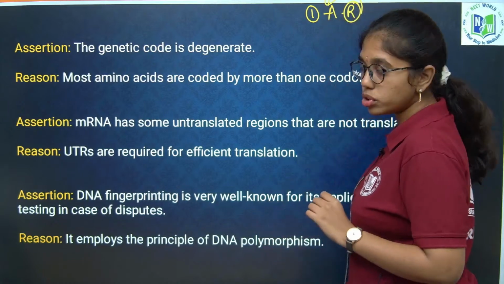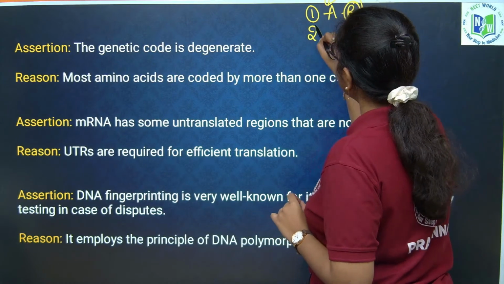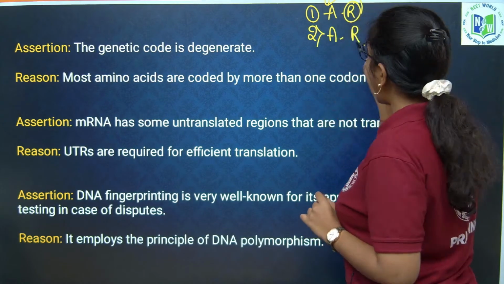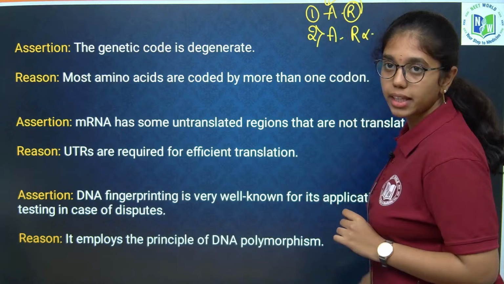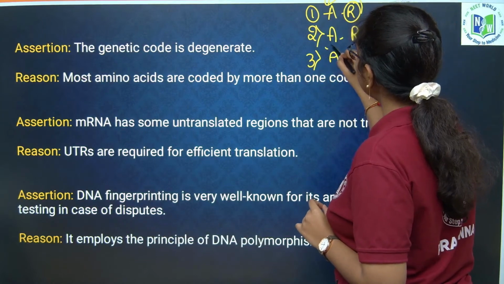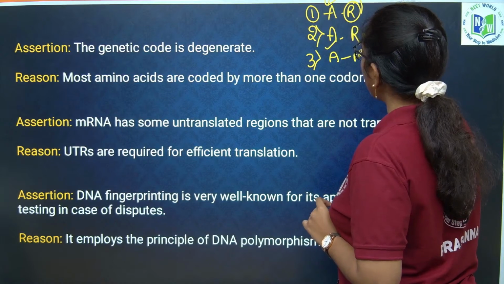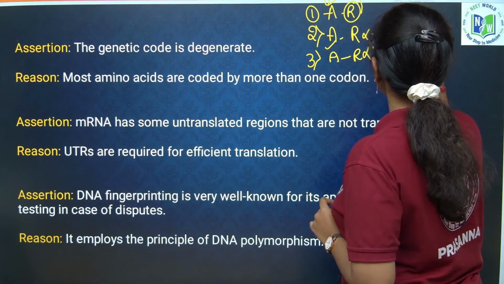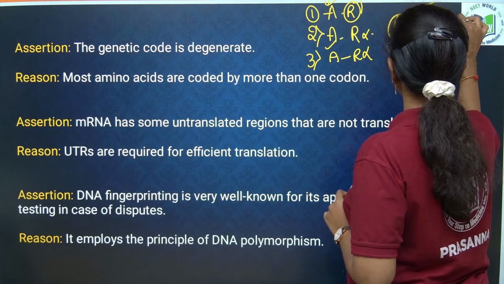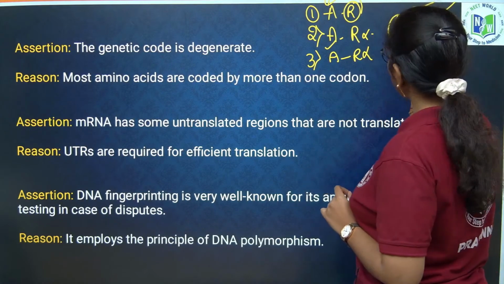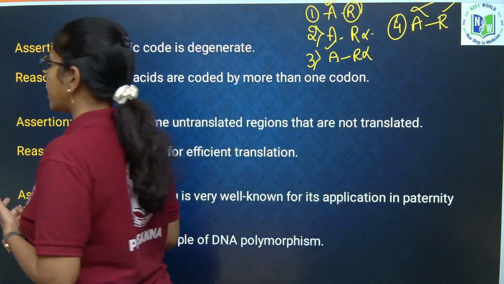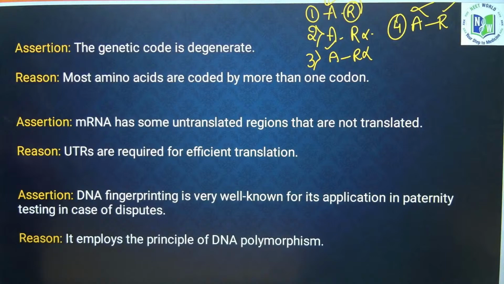Option 2 you will choose when assertion and reason are true and reason is not explaining the assertion. Option 3 when assertion is true and reason is false. Option 4 when assertion is false and reason is true, or both are false. Now we will enter into the first question.